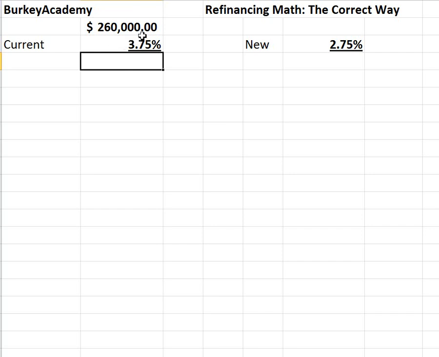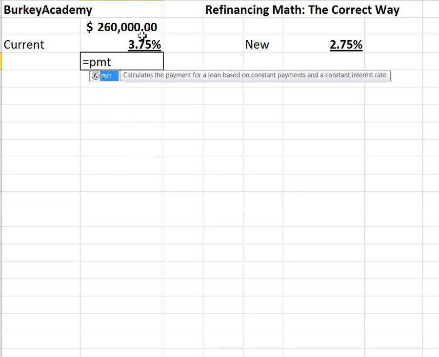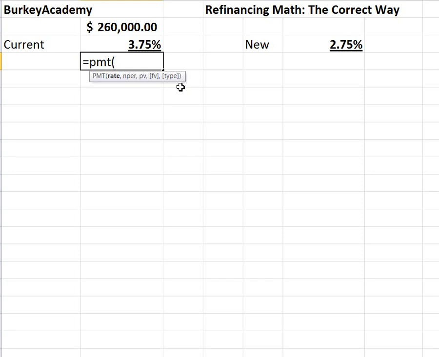Let's look at how to calculate this payment. I'm in Excel here. Let me show you how the formula works to calculate the payment for a mortgage in Excel. You type equals PMT for payment. And then the first thing it wants is the rate, and that's this 3.75%, but you have to adjust the rate because this is a yearly rate, 3.75%, and what you need is a monthly rate.